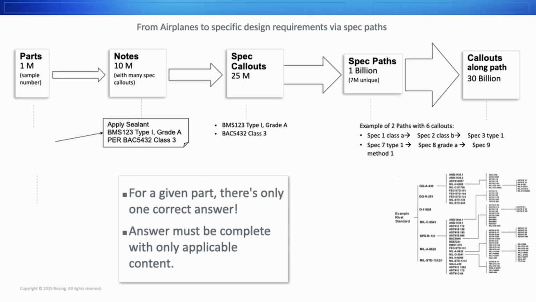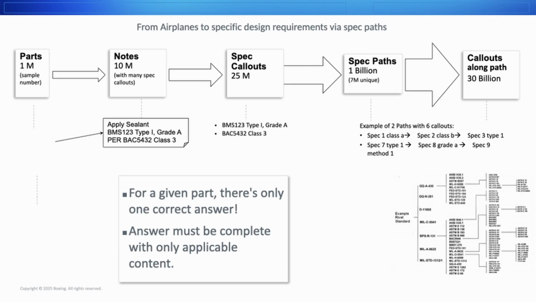There's also a very large search space. An individual airplane might be on the order of 1 million parts. The details we're talking about are called out in notes, which are an order of magnitude larger. Then there are specifications called out in those notes, which is going to be larger.